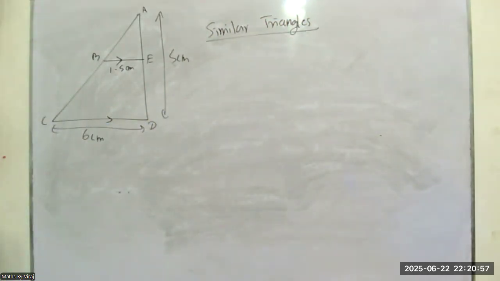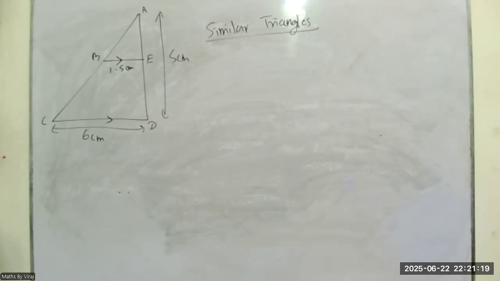Have we had the chance of doing similar triangles? No, right? But now we'll have to do similar triangles, isn't it? So now what do you think we have here?